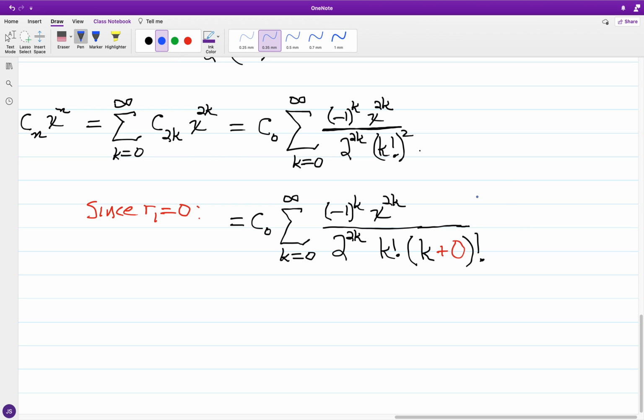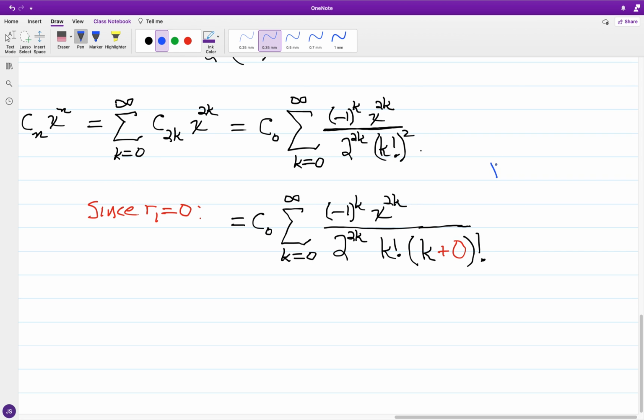So for the part we have for x to the 2k and 2 to the 2k, we're just going to sandwich these together. So you have x over 2 to the 2k, just to line it up in the form we have for the general expression of the Bessel function of the first kind of order p.